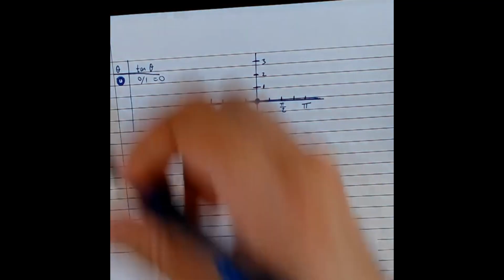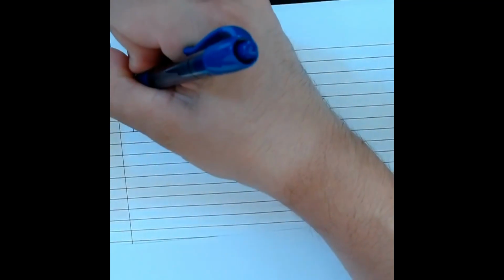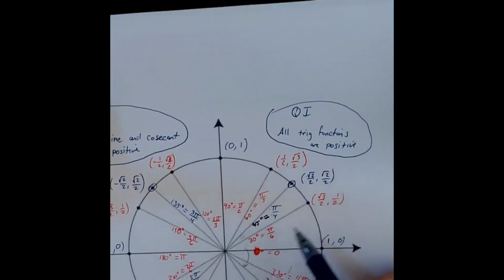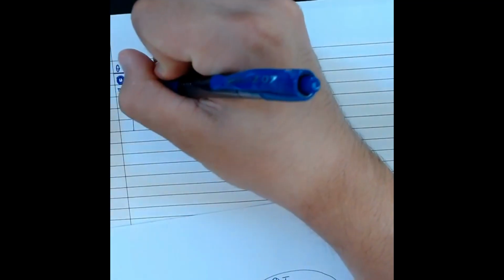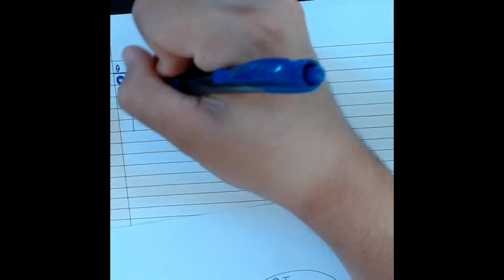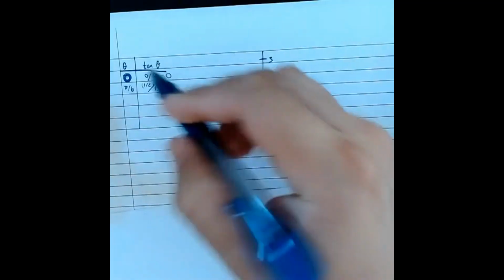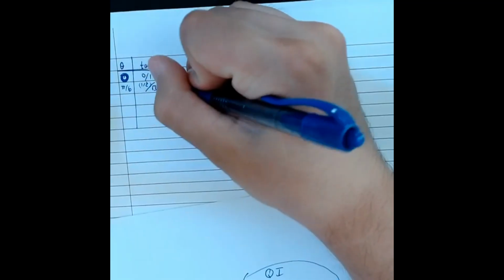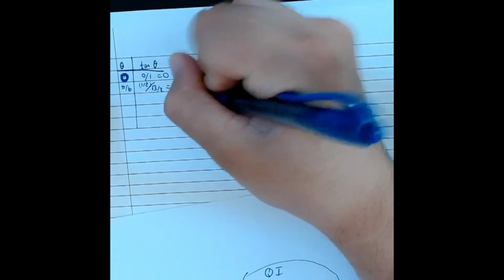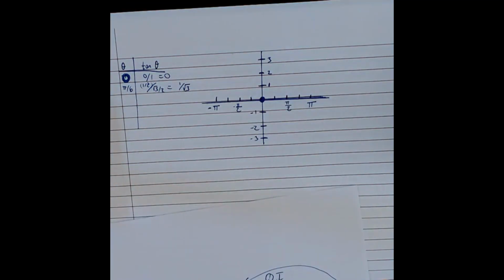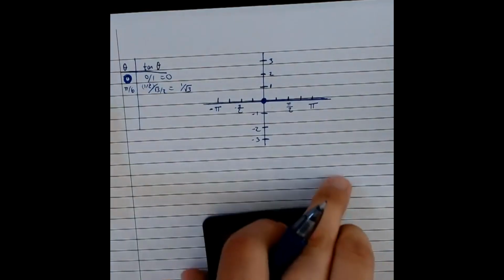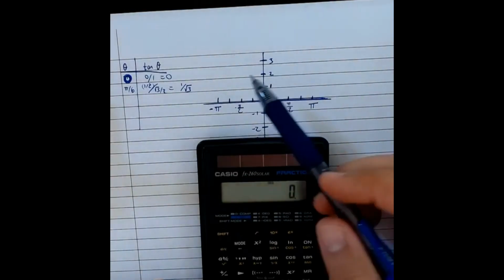Okay, there we go. Let's use another point here. Let's say pi over 6. If that's my angle, the tangent will be the sine divided by the cosine, 1 over 2 divided by root 3 over 2. Here the 2's divide away, and we're left with 1 over root 3. We could rationalize this, but since we're trying to graph it, we might just be better off with a decimal approximation.